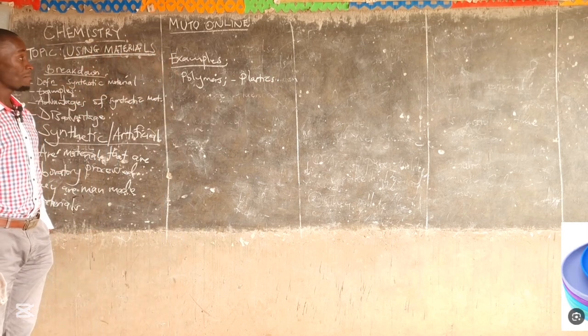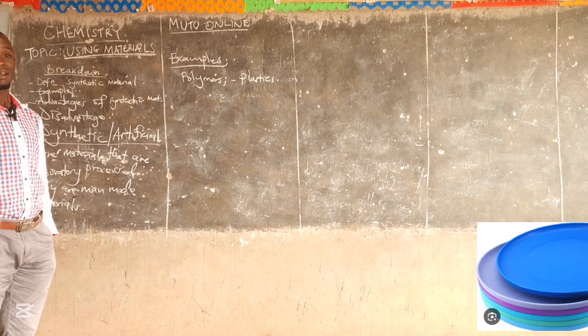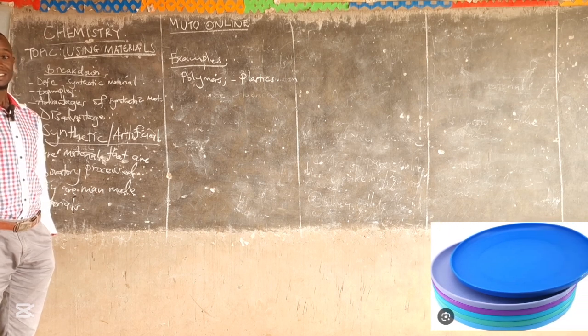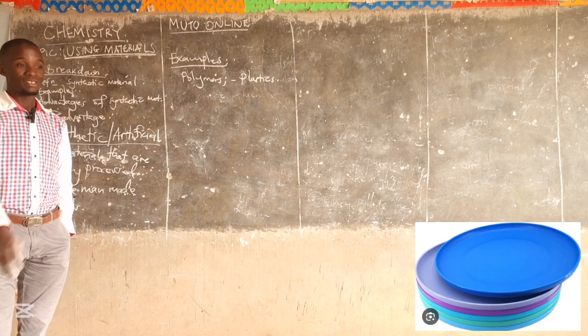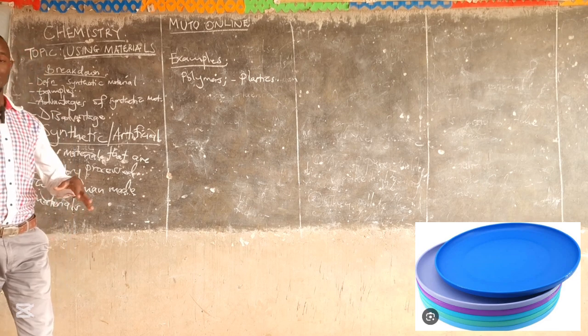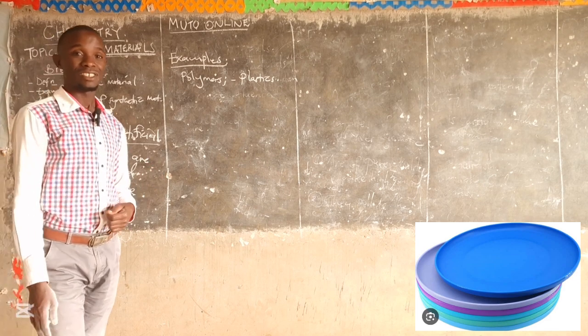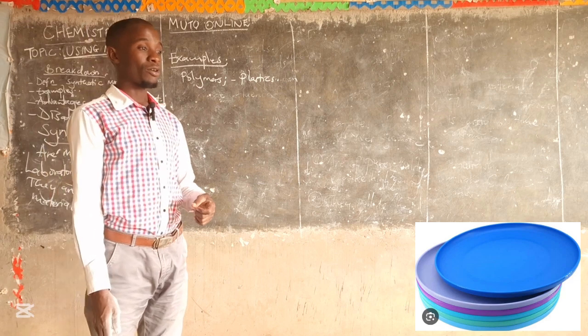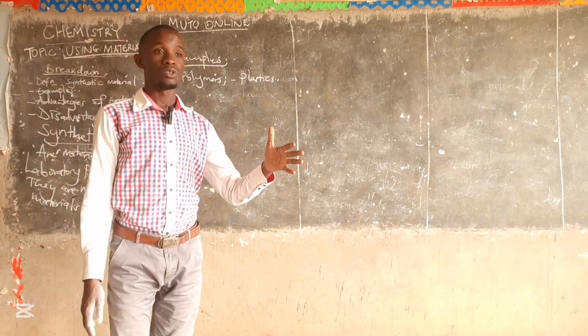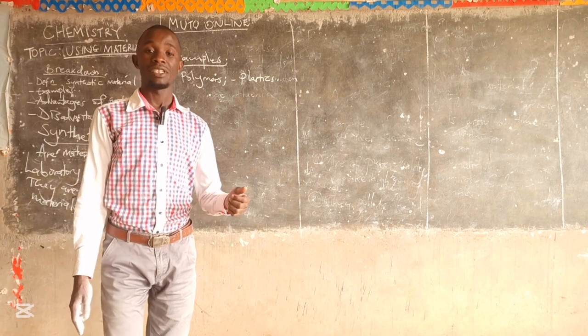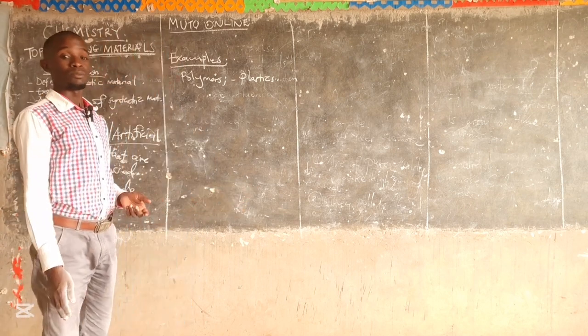The plastics are made by man. They're laboratory processed. Think of the basin you use at home. Think of your phone covers, the plastic ones. Think of your chairs, the plastic chairs, and so many others. The plates you use at home.